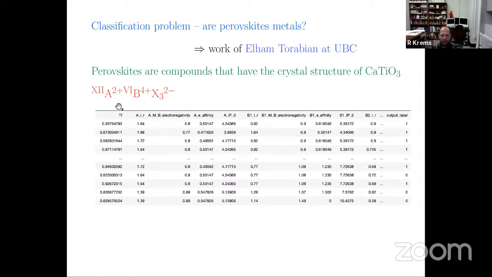Depending on the electronegativity, for example, of the different atoms and other parameters, like the electron affinity and the ionization potential of these atoms, the perovskites are going to be metals or non-metals. And that's what Elham is classifying. She's trying to build a model that would take, for example, the electronegativities of these atoms and predict if the corresponding perovskite is going to be a metal.